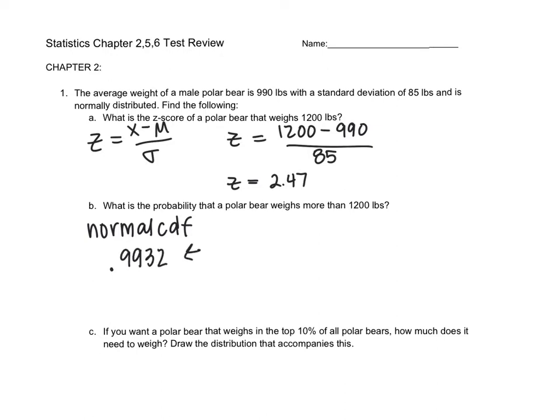But this is the probability that it weighs less than, because remember, the calculator always gives us the area underneath our curve. So if we want the probability of more than, we do 1 minus 0.9932. So 1 minus is going to give us 0.0068.